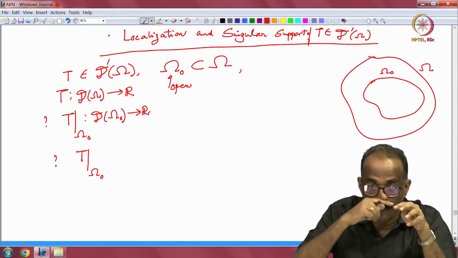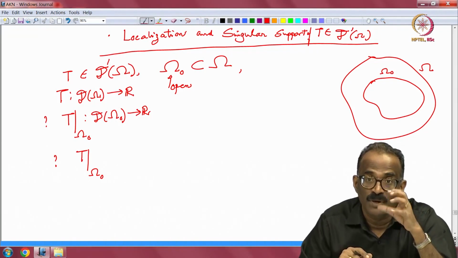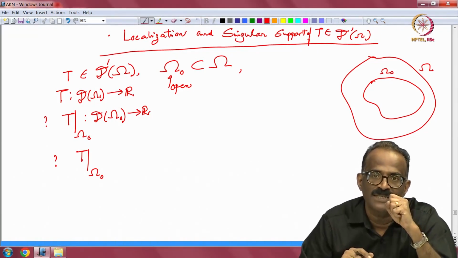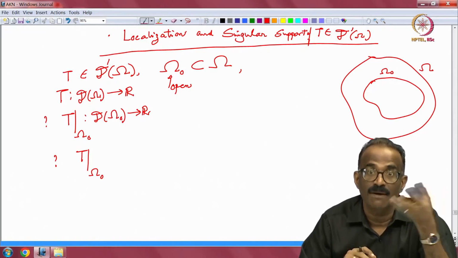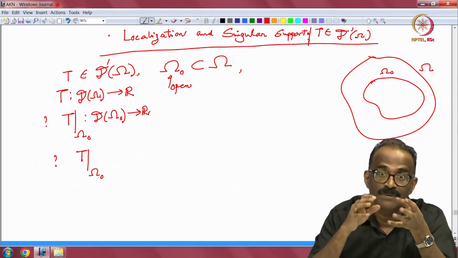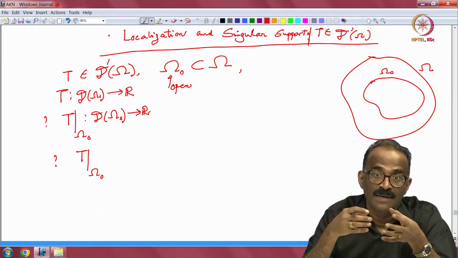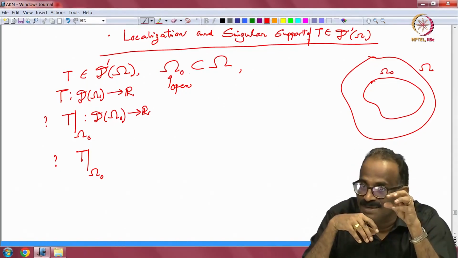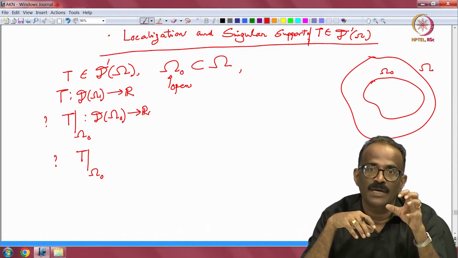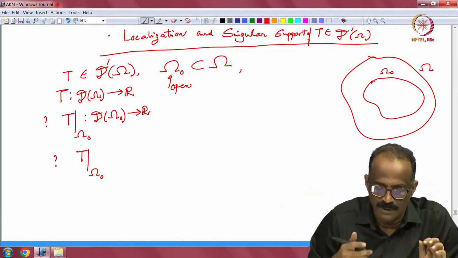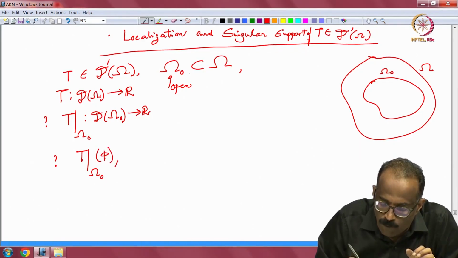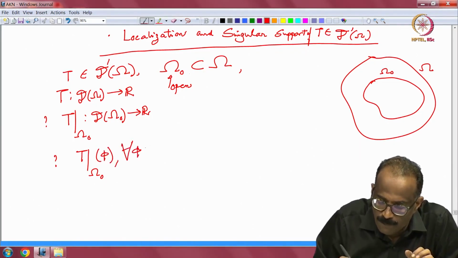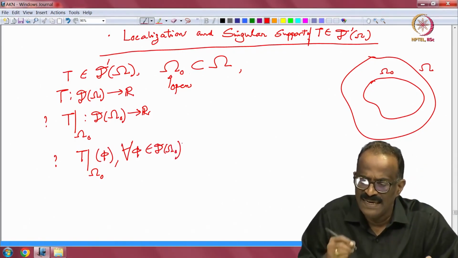Of course you can define that naturally, because this is important in PDEs, where you always deal with local solutions, not global solutions. You have to understand distributions locally and then patch them. So I have to define T restricted to omega for all phi in D of omega naught. That is very natural.